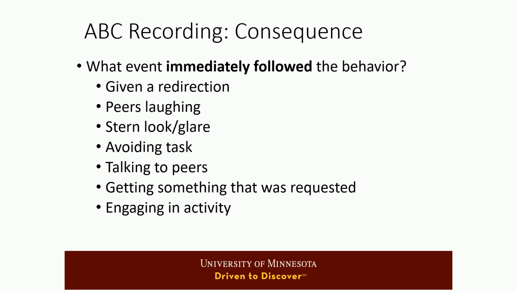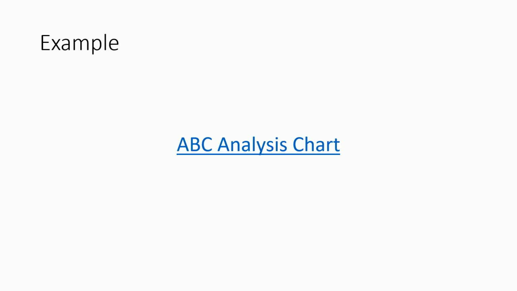So you'll have your ABC, and then another behavior will occur, and then a consequence will happen as a result of that behavior, and then you might have another behavior that happens as a result of that consequence. And so it continues going, and you can use this procedure to gather information about what's happening in the natural environment with your target behavior.